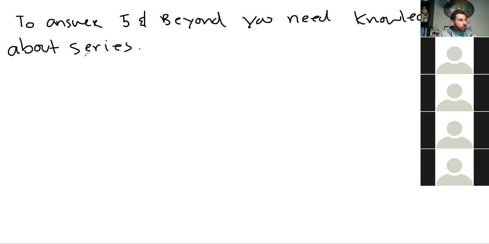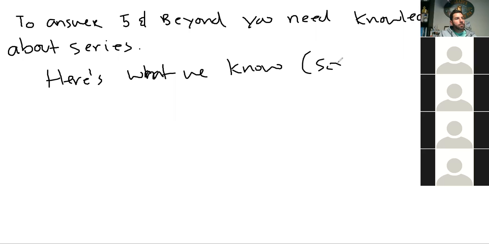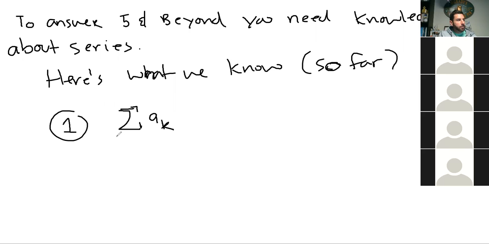So here's what we know so far. First off, we know the definition. We know how to define this. If we have a list of numbers, we know that this is equal to a limit.